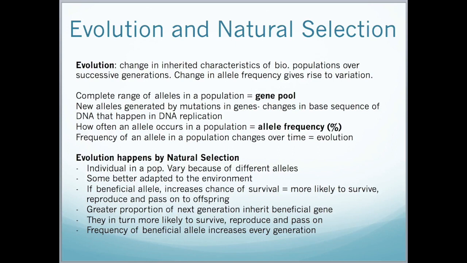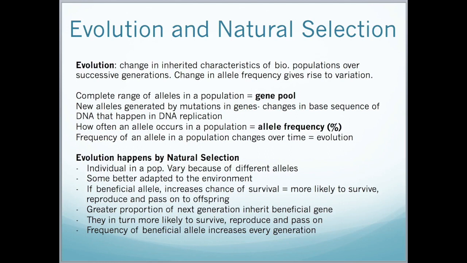Allele frequency refers to how often an allele occurs in a population. When the frequency of an allele in a population changes over time, this is what we refer to as evolution. Evolution happens by natural selection. Individuals in a population will vary because they have a different set of alleles. Some of those individuals will be better adapted to the environment.